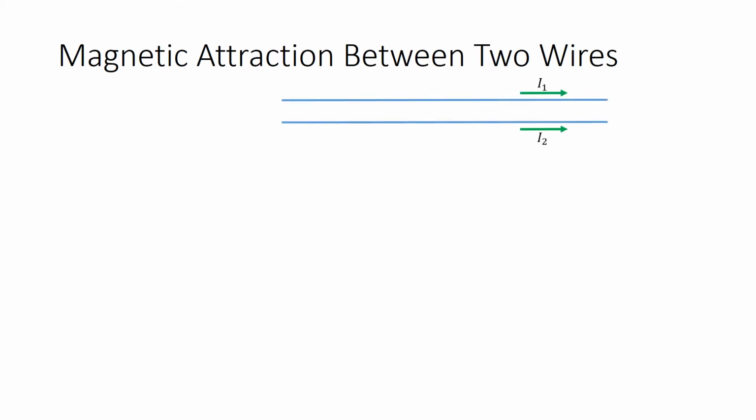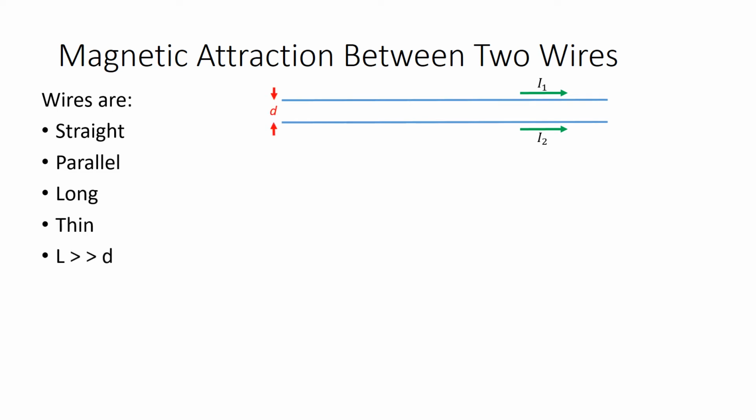Now let's consider what happens when we place two current-carrying wires near each other. The wires in question are straight, parallel to each other, very long, and very thin. The wires are far longer than D, the distance that separates them.